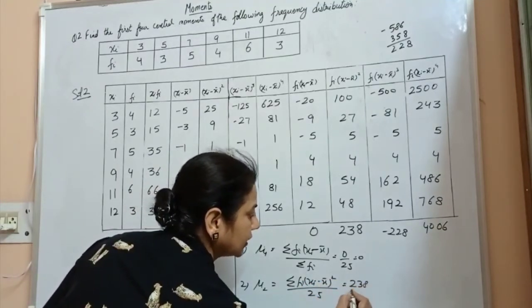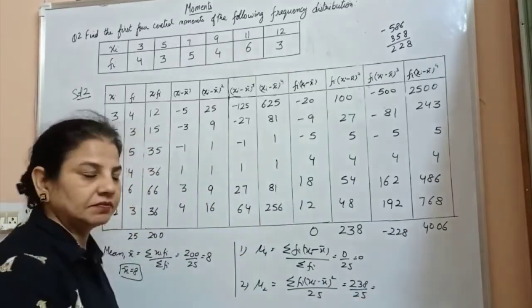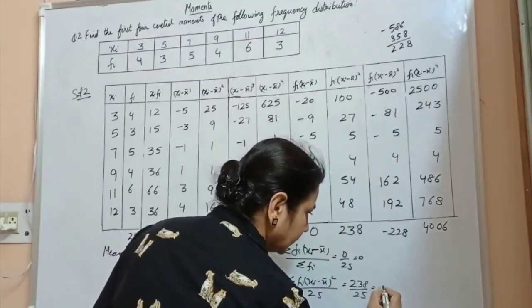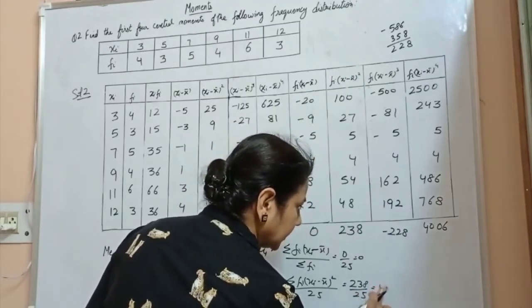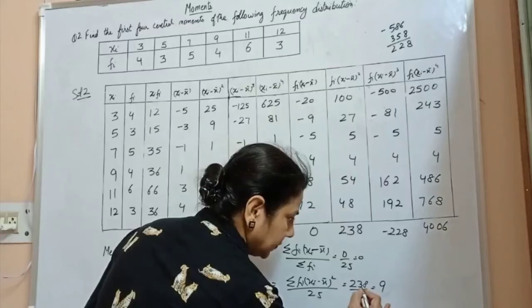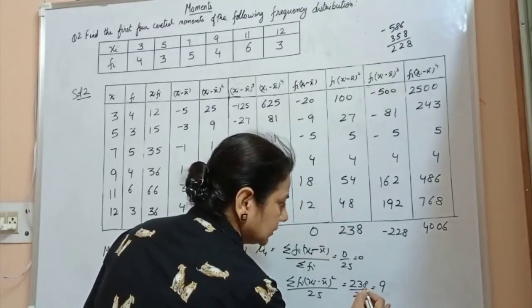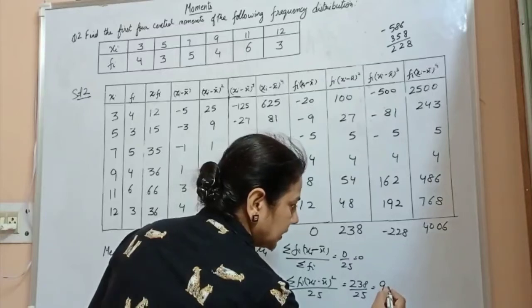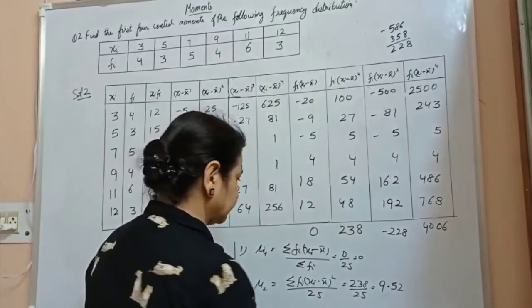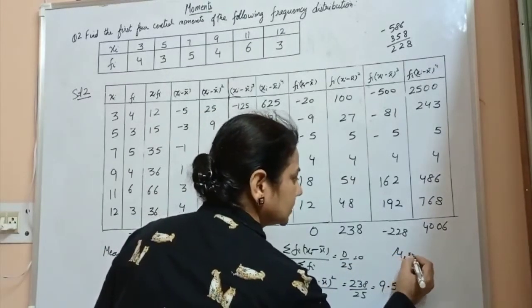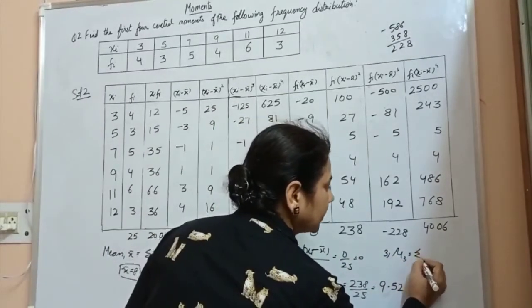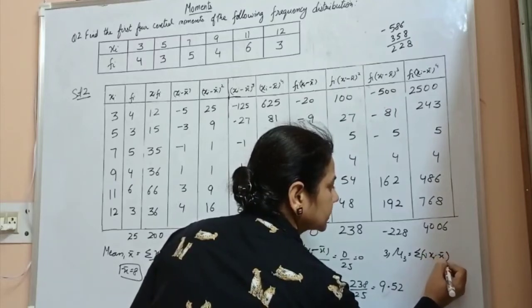That means 238 divided by 25. This gives me the result as 9.52.